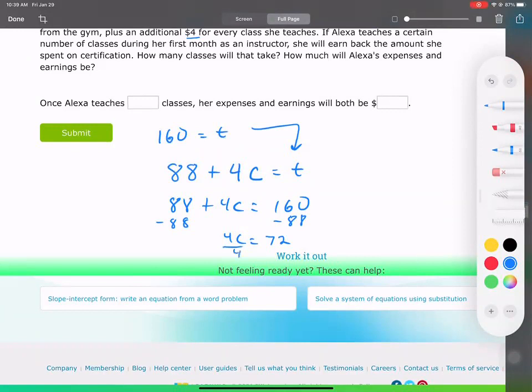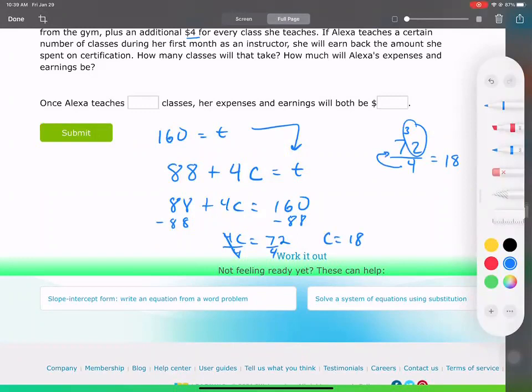Then we divide both sides by 4. So 4 goes into 72. So this is the way I do division. 4 goes into 7 1 time, remainder 3. And then 4 goes into 32 8 times. So it's 18. C is equal to 18.